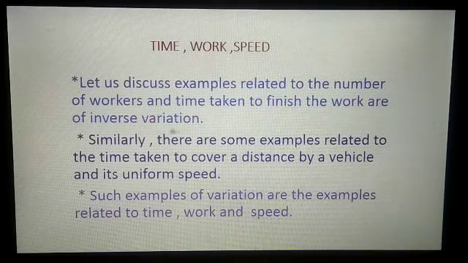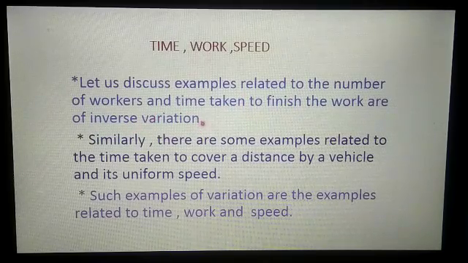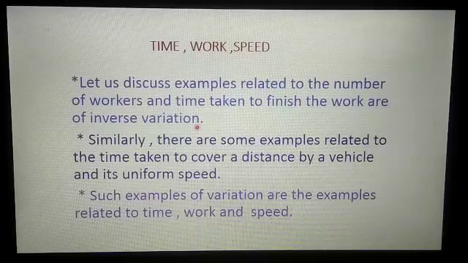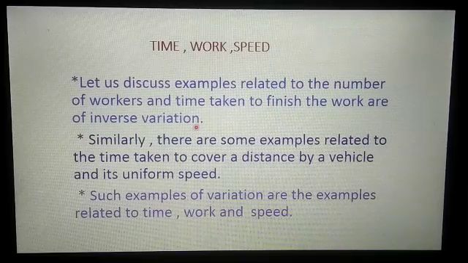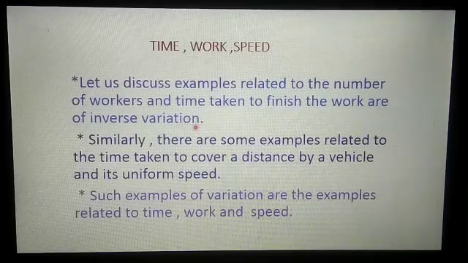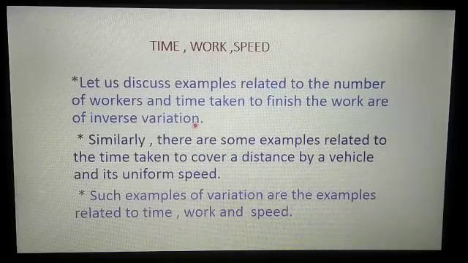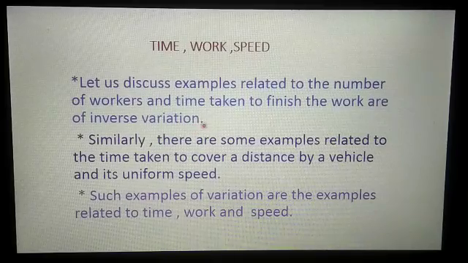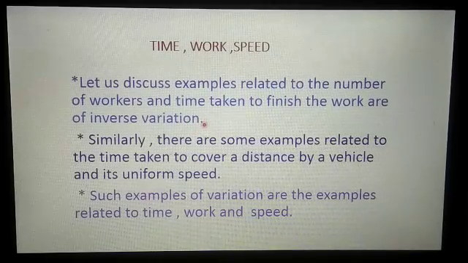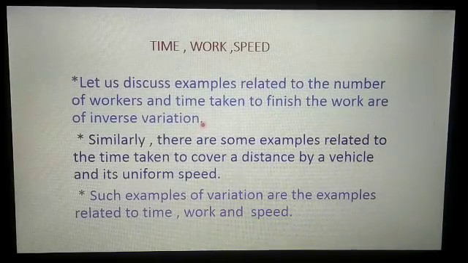These are of inverse variation. So work is there, time is there, and at what speed they complete the work, that also is there. So this type of sums are included in inverse variation.